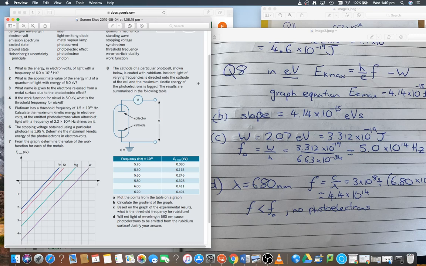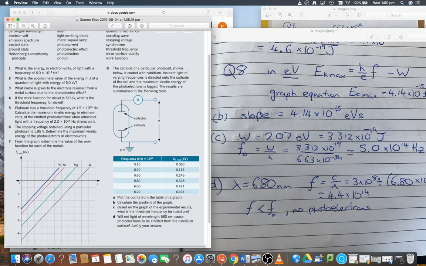Okay, I'm going to do question 8 as well. The cathode of a particular photocell shown below is coated with rubidium. Incident light of varying frequencies is directed onto the cathode of the cell, and the maximum kinetic energy of the electrons is logged.